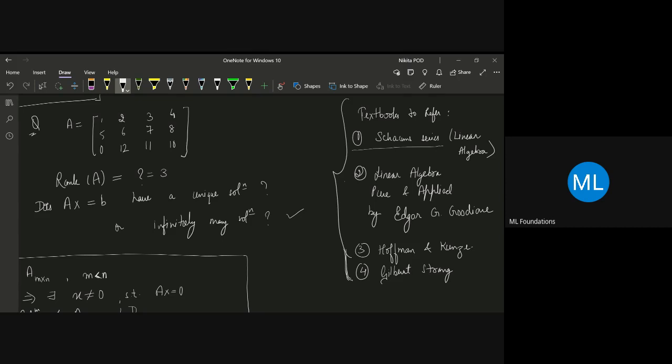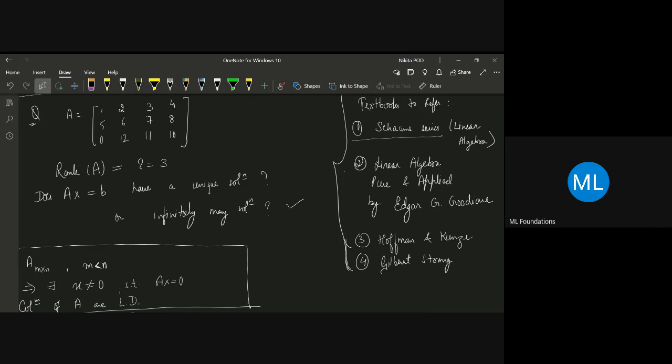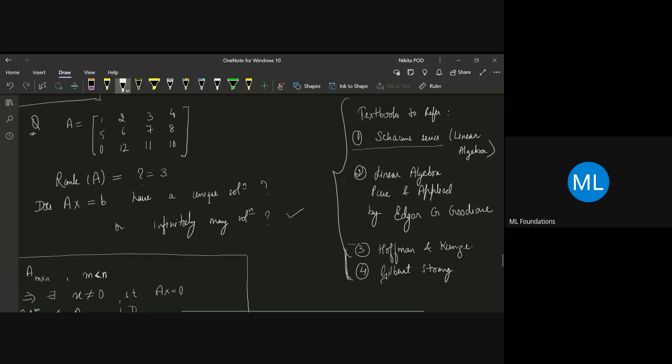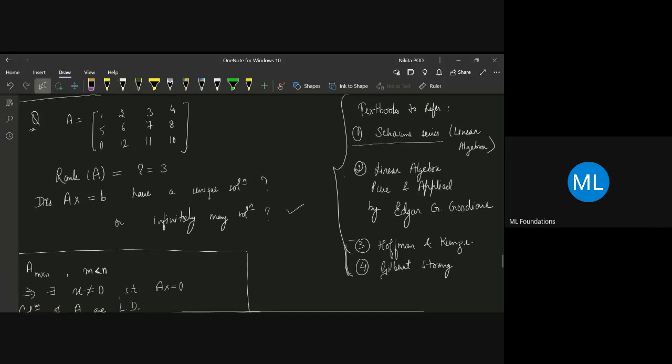Then Hoffman and Kunze has slightly fewer problems, but it's a very good reference book. And again, Gilbert Strang. For this course we have recommended Strang's book. Look at all these four textbooks, see which one is better for you, and stick to one book, or refer to multiple if you can.